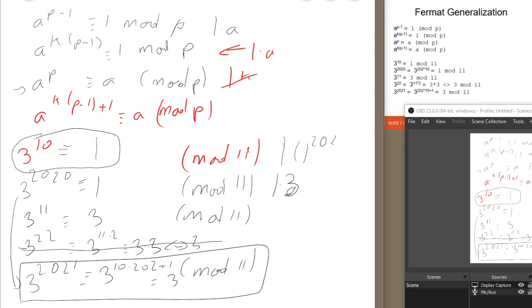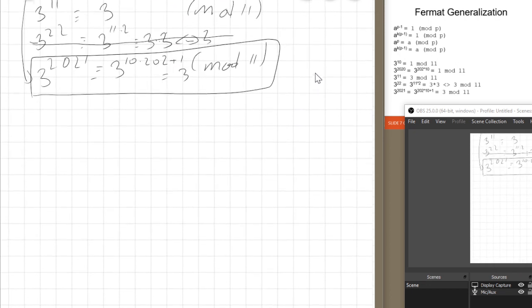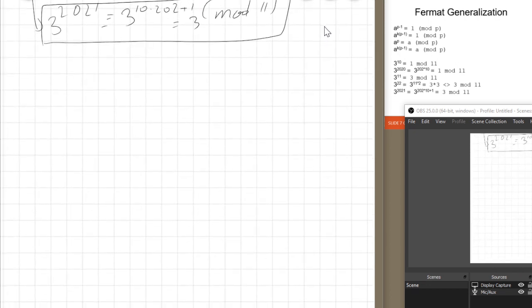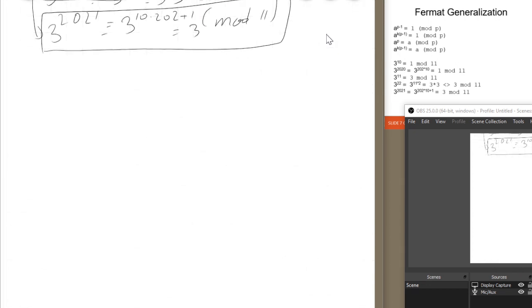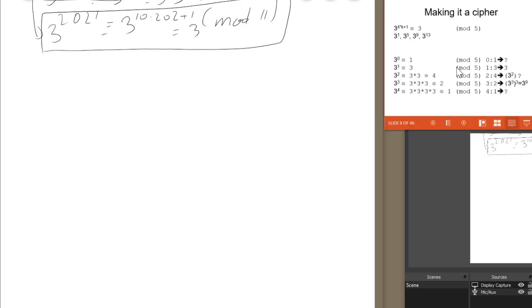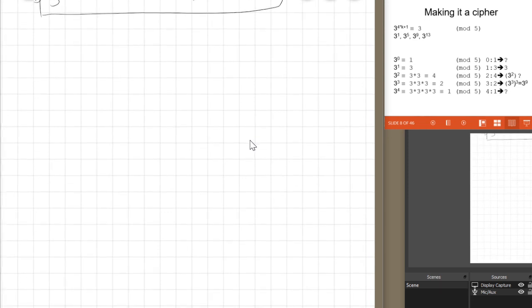And that's why we can reduce it to 3. This kind of generalization of Fermat Theorem can be used, and we'll see next how we use it to obtain a cipher.